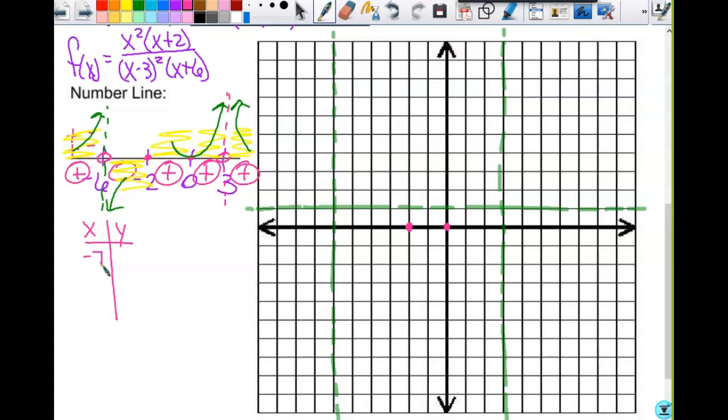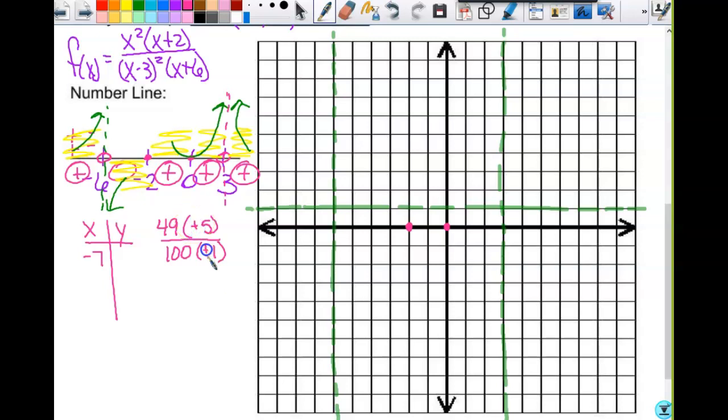So when I do that, -7 squared is 49. And then -7 plus 2 is -5 over -7 minus 3 is -10 squared is 100. And then -7 plus 6 is a -1. Okay, so before I start just multiplying stuff out, I'm going to simplify things.